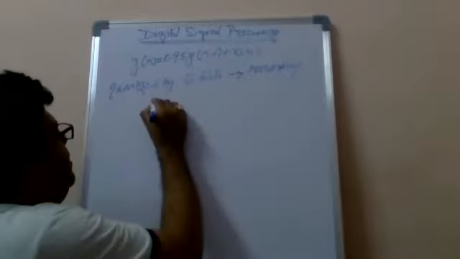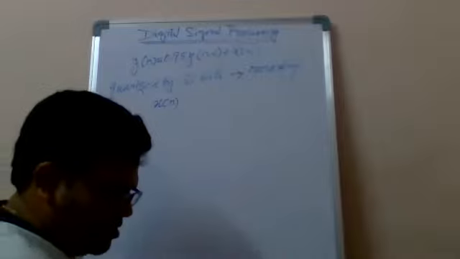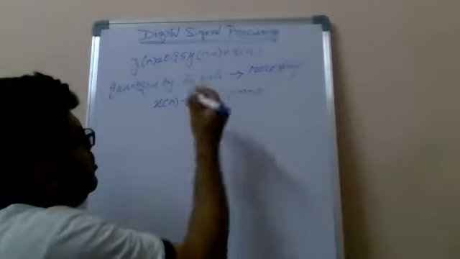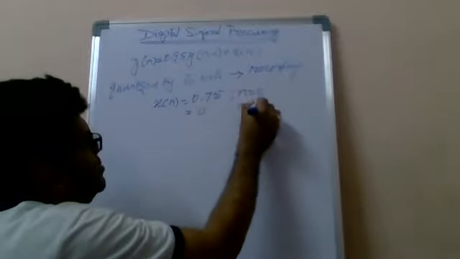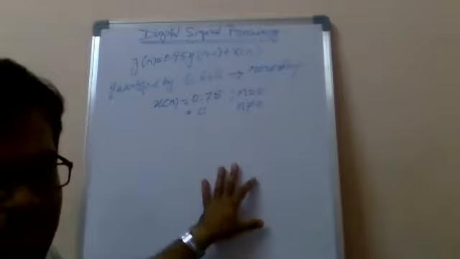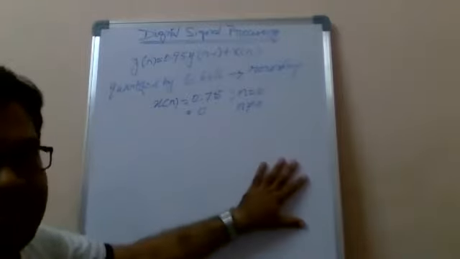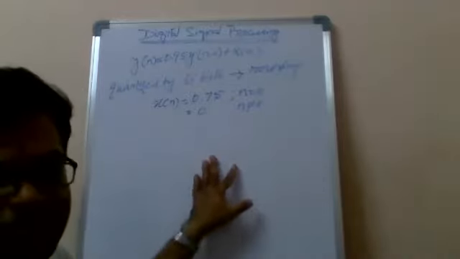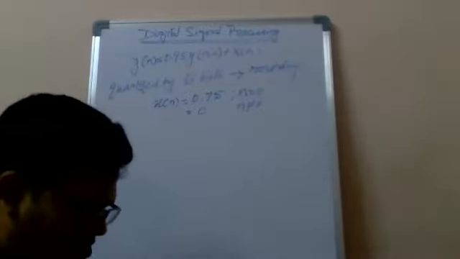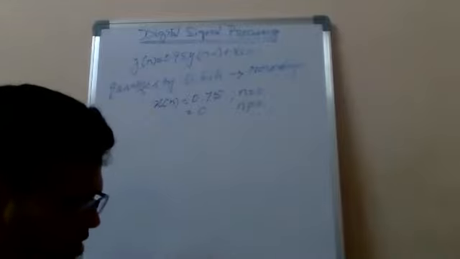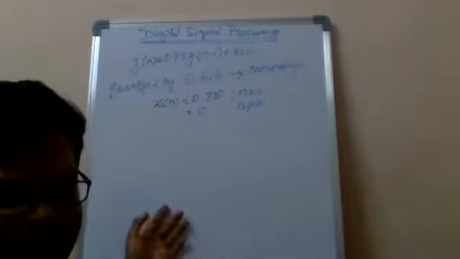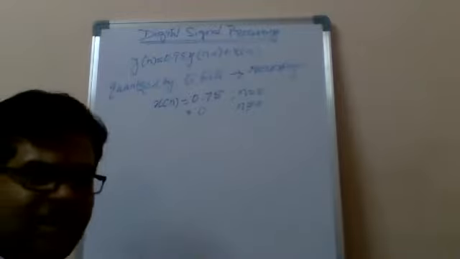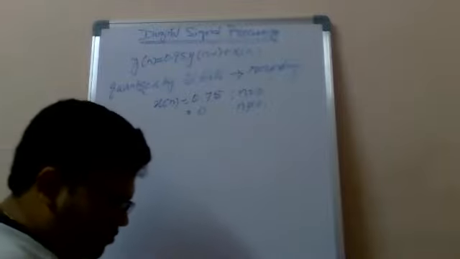The system is excited by the input x of n equal to 0.75 when n equals 0, and 0 when n is not equal to 0. So at n equals 0 you have some input in order to excite the system, and for the remaining values the input is 0. Now for this system we see the characteristics of the limit cycle oscillations and where exactly the dead band range is.